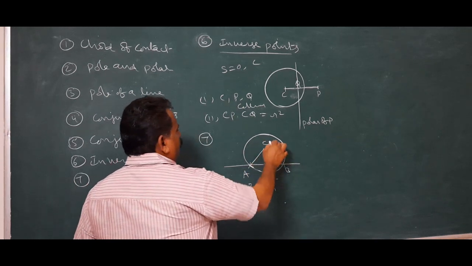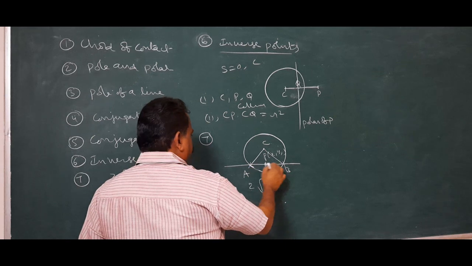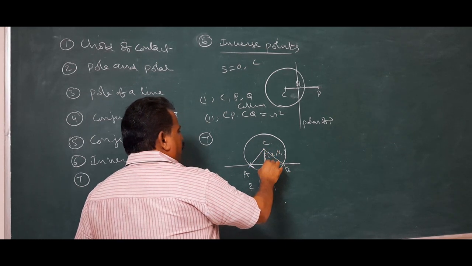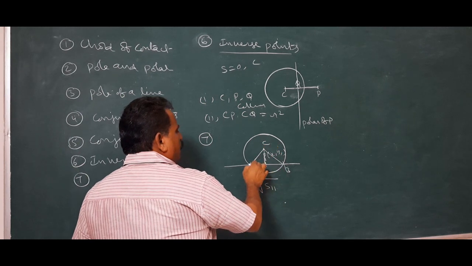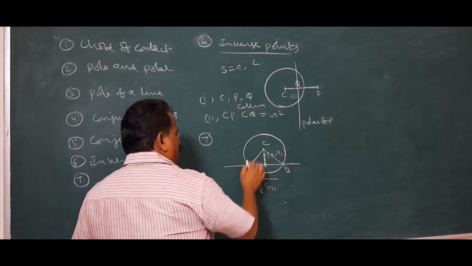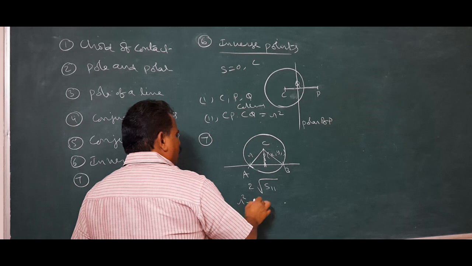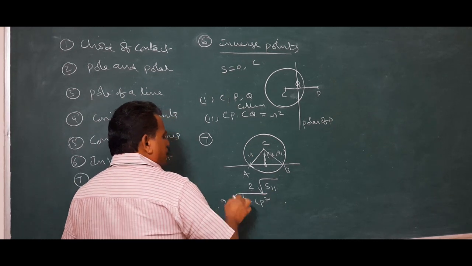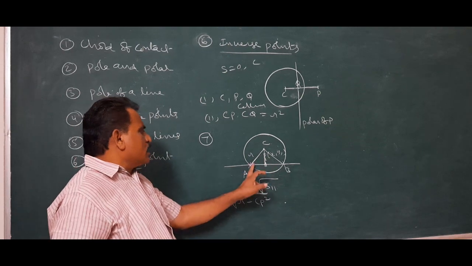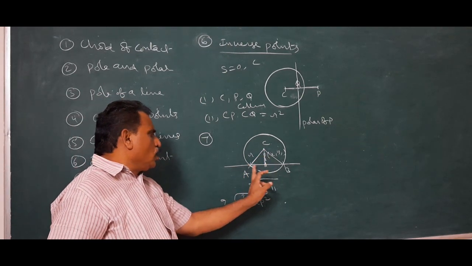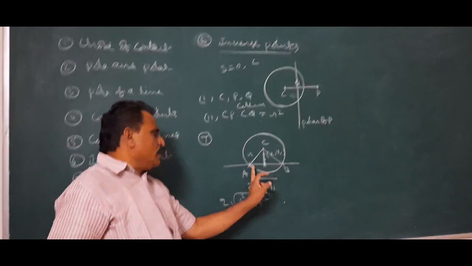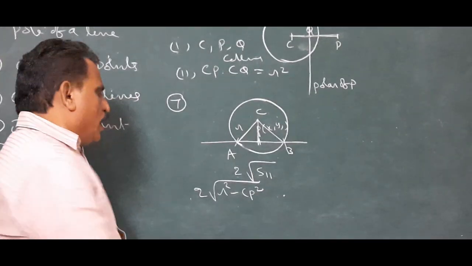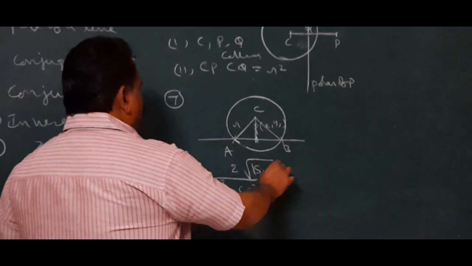The center is C, given point P, we can find the distance CP, and the radius R. The length of the chord is 2 root of R square minus CP square, and R square minus CP square is S11.